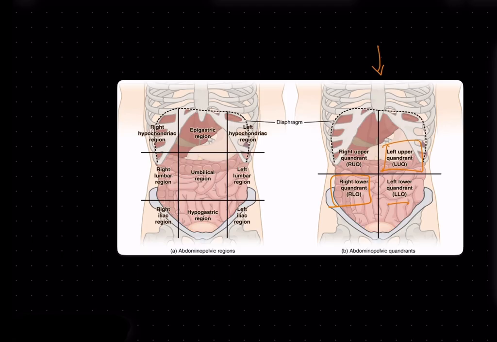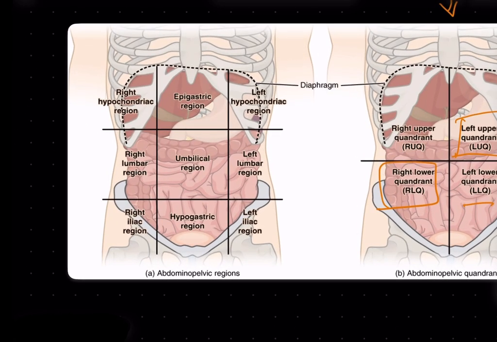Now, the quadrant approach is most often used in clinical settings to diagnose issues like appendicitis in the right lower quadrant, or, for example, gallbladder issues in the right upper quadrant. Likewise, you can then go ahead and identify organs that fall under each of these regions of the abdominopelvic cavity.